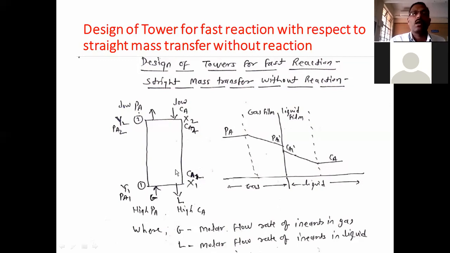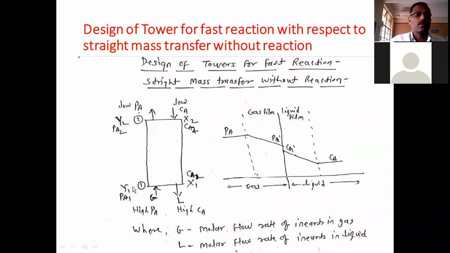Now here this tower is only straight mass transfer without reaction, no chemical reaction is there.